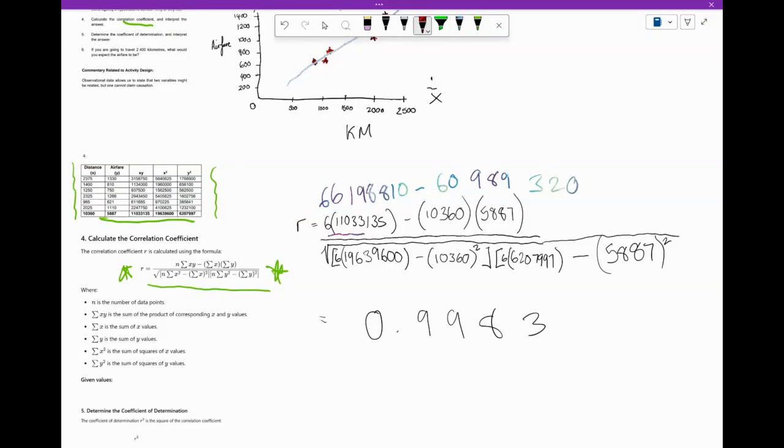It depends on your calculator. So what do we get?